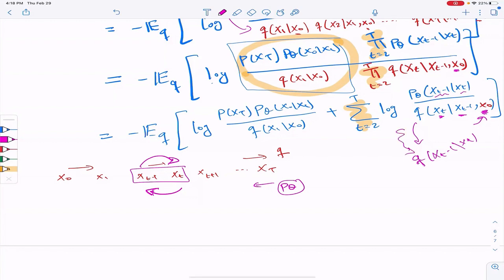So how can I do it? How can I change the order here to have at least the indices of t and t minus 1 match the indices that I have in the numerator? I can use another Bayes rule. So let's see what happens.